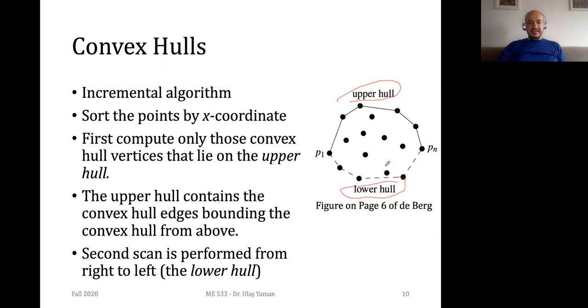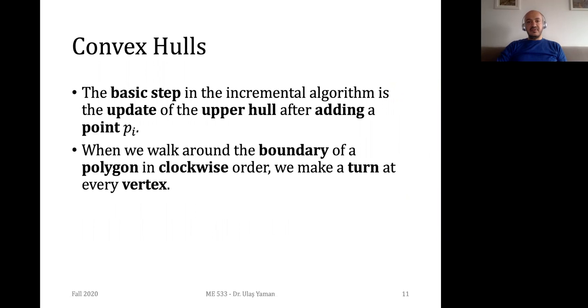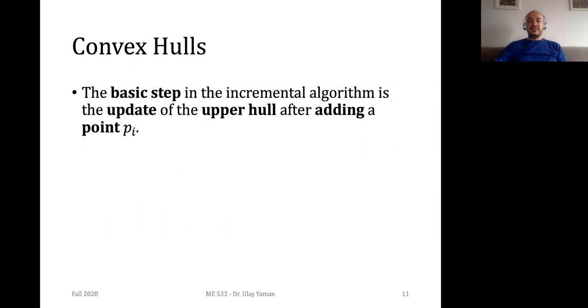And yeah, these are the things I mentioned. And for the computation of the upper hull, we will talk about it in the next slide. We have some basic steps. Since it's an incremental algorithm, we'll be adding all these points one by one.